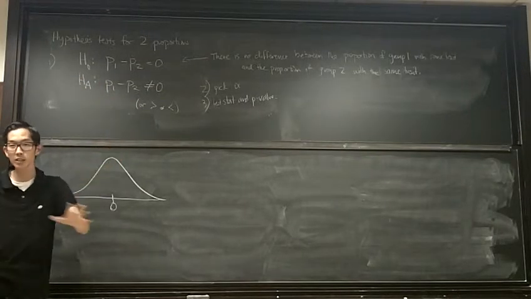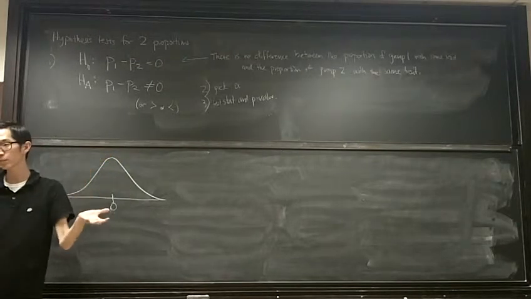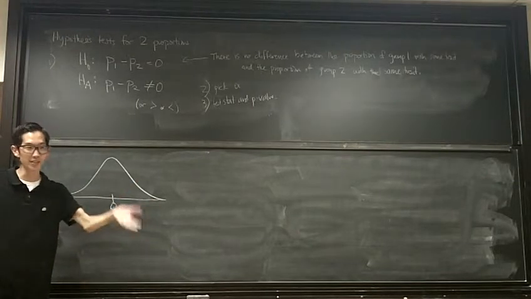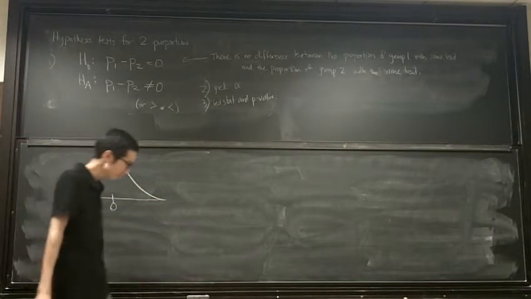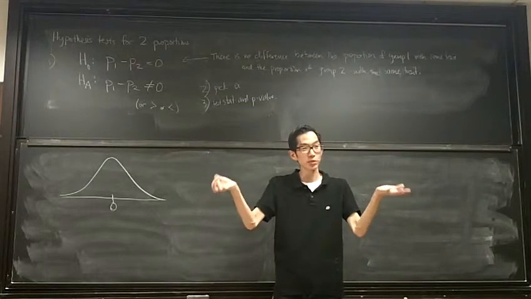Whenever I take two random samples, let's say I sampled 100 men and asked, do you like American Gladiators? And I sampled 100 women and asked the same. I would expect the difference between them to be 0.